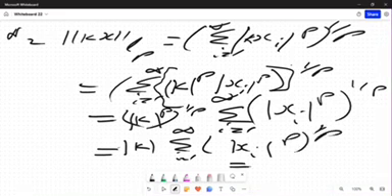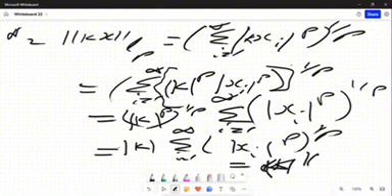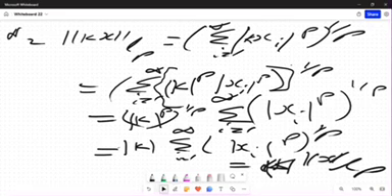What is this? This is equal to modulus of k times the norm of x in LP. So you see that the norm of kx in LP is equal to modulus of k times the norm of x in LP.